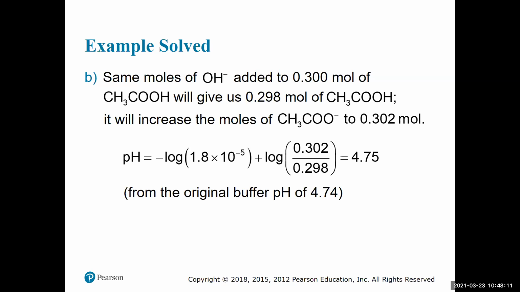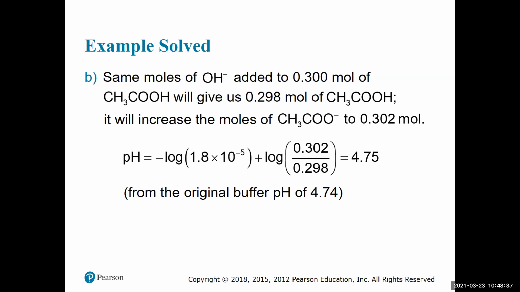So I can go ahead and do that calculation, and I get a value of 4.75. Well, we're told that the original buffer pH was 4.74. So we see that there's a tiny change by adding this base. It went from 4.74 to 4.75, but not really much.